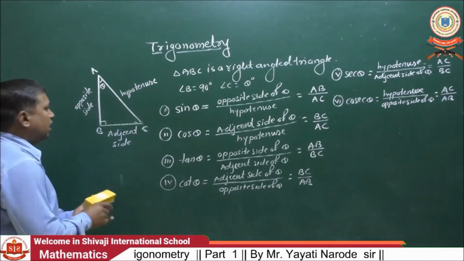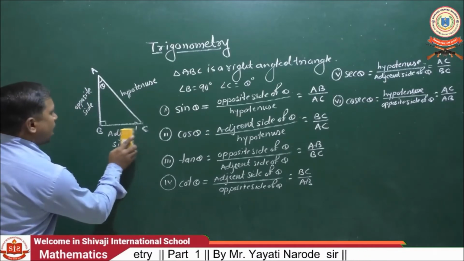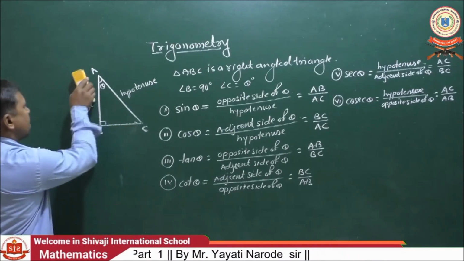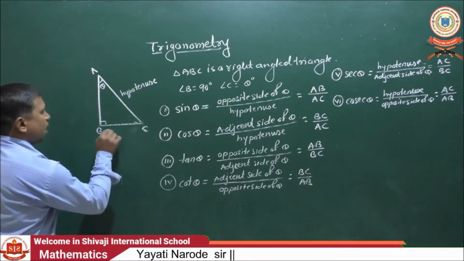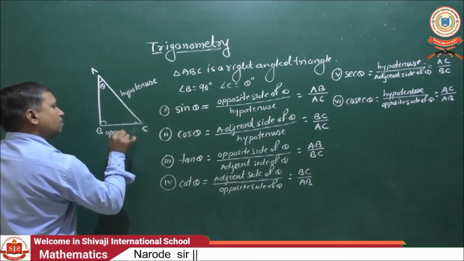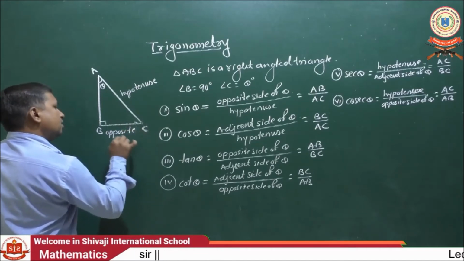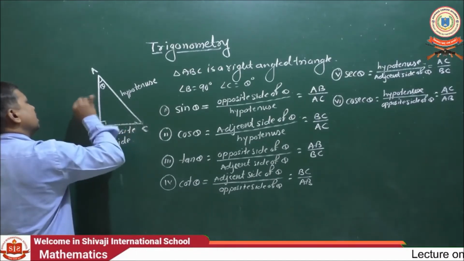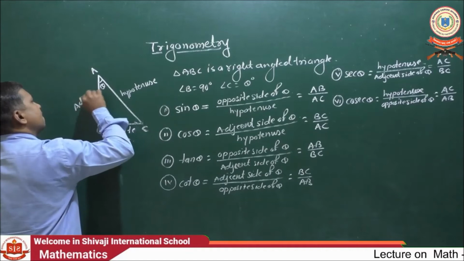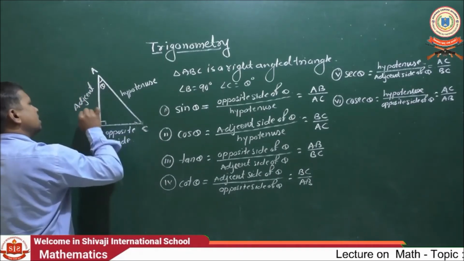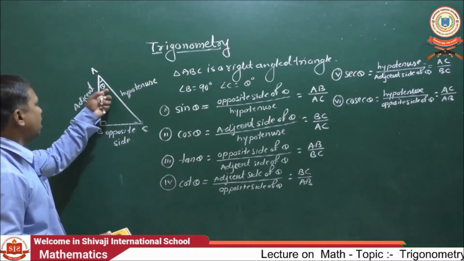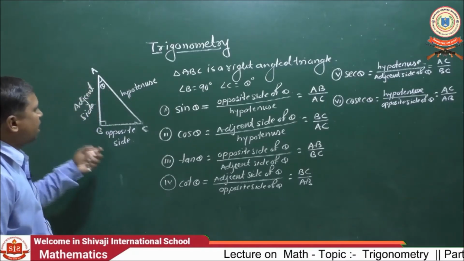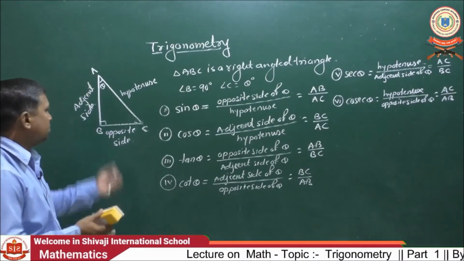Then BC is the opposite side and AB is the adjacent side, because here angle theta is at A. So angle theta has the adjacent side AB and the opposite side BC.